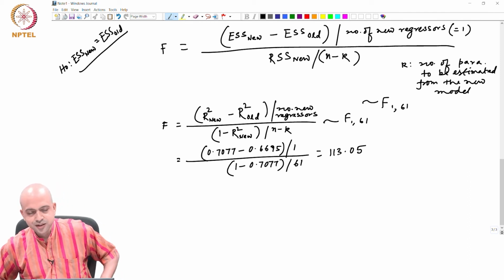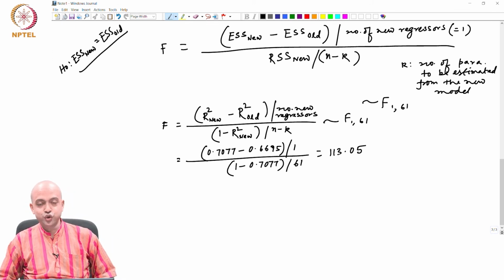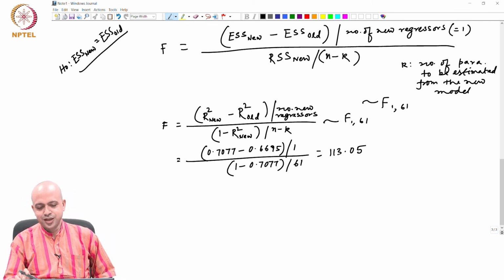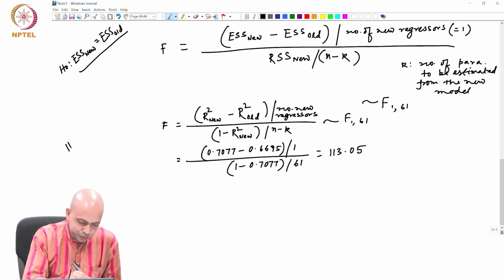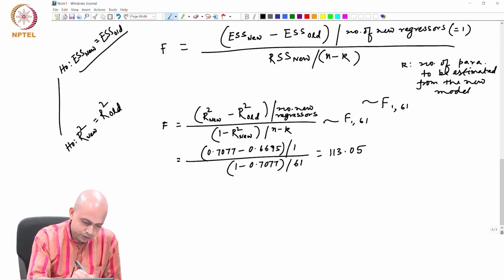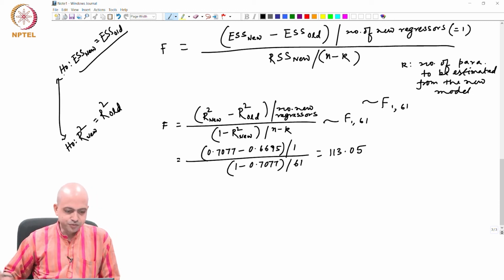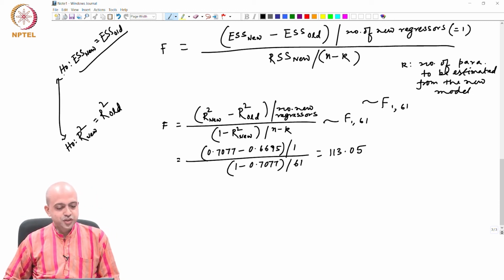Since the value is 113, even without looking at the table, we can understand that yes, the PGNP is statistically significant. So, the null hypothesis here is R square new equals R square old. Same thing: ESS new equals ESS old is equivalent to saying R square new equals R square old.